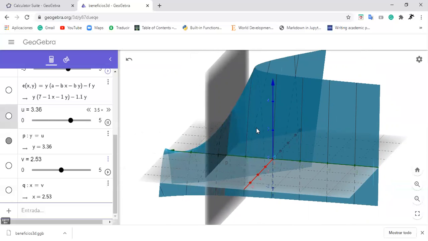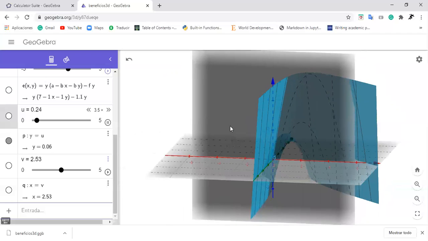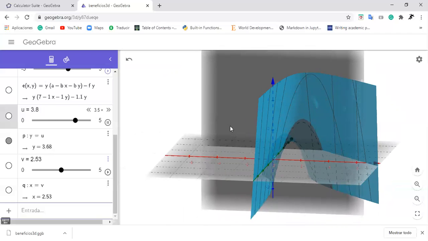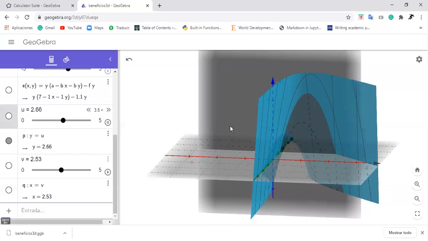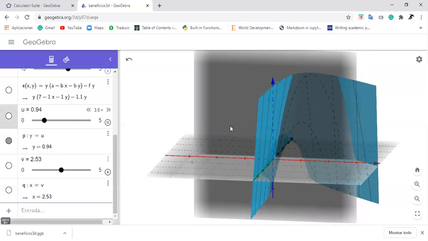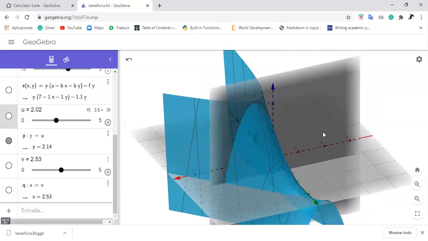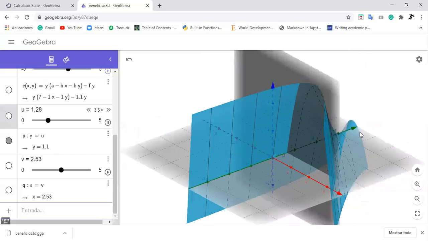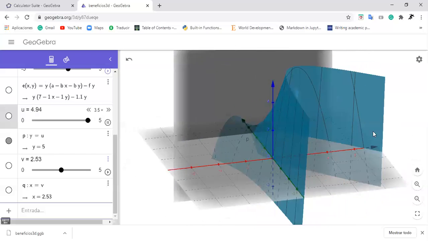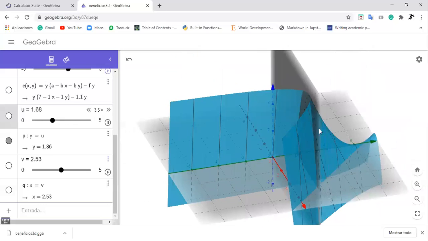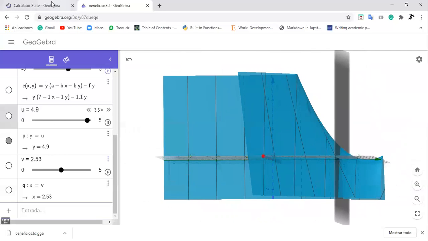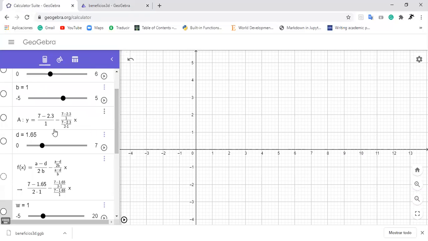So at every different level, we have different parabolas for firm number 1, and then we have different levels of maximization for those parabolas. So this is a three-dimensional interpretation for this topic. And also we could interpret this in a two-dimensional plane, which is this.